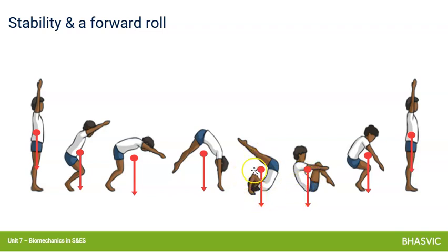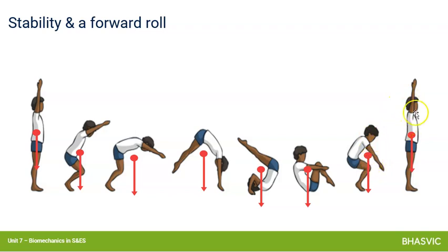Remember, it moves based on our body position. And then, of course, when we want to finish the forward roll and stand up with stability, we've got to be really clever. As we come out of the roll, out of that angular motion, we change our body position from being tight and tucked to extending it.